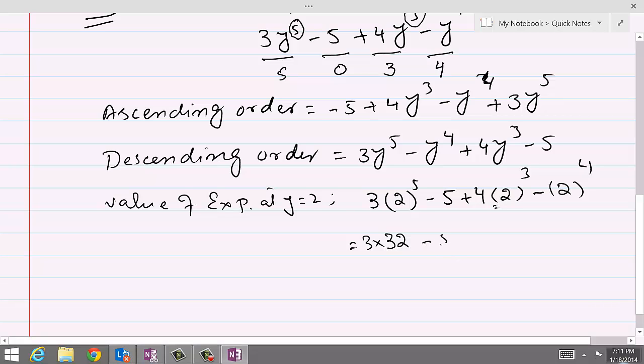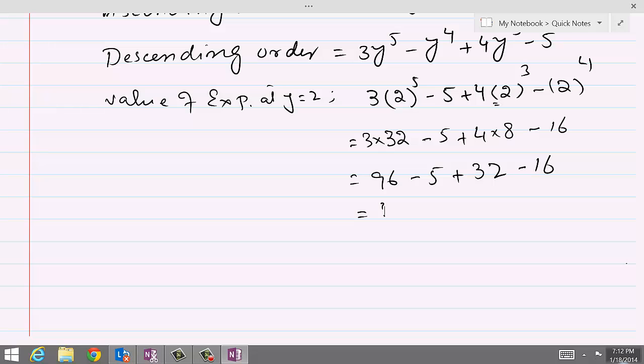Minus 5 plus 4, and 2 power 3 means 2 times 2 times 2, which is equal to 8, minus 2 power 4, which means 2 multiplying with itself 4 times, equal to 16. So 3 times 32 is 96, minus 5 plus 32 minus 16, and you can find out whatever the answer is.